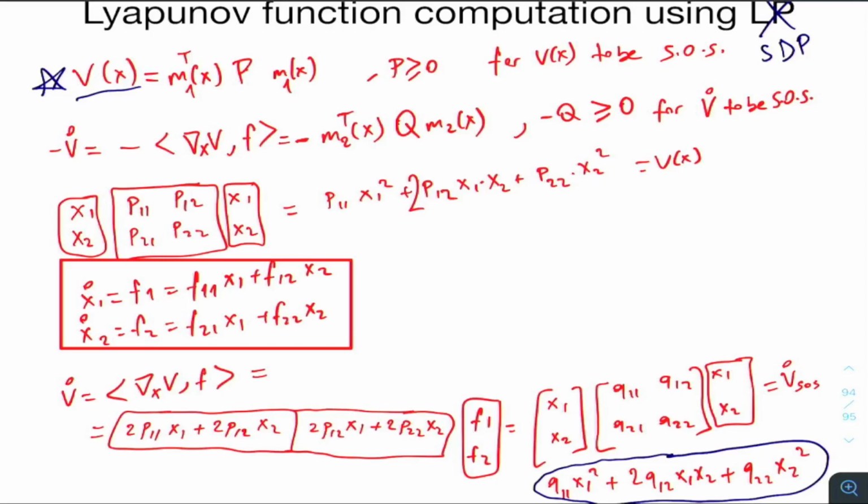And after that, we are going to again parameterize this v dot term using a Q matrix. For example, for 2 by 2, q11, q12, and it must be symmetric, q12 again, q22, right?